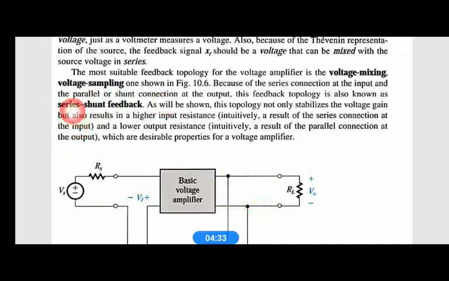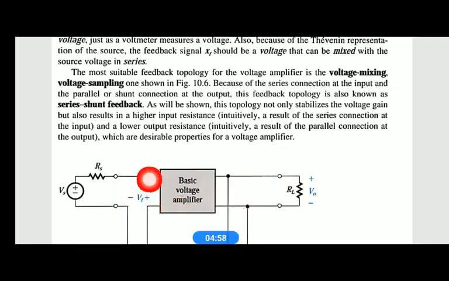Series indicates the input is series, and the next word, shunt, indicates the feedback network is shunt with the output.